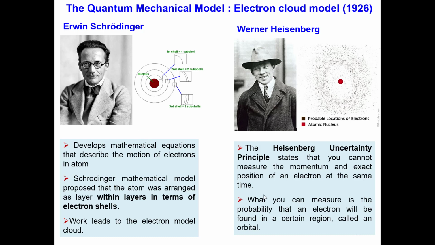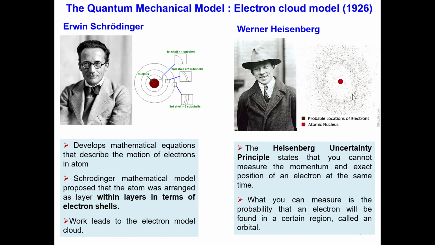According to his mathematical model, it is not possible to measure the momentum, meaning the velocity, and the position of the electron at the same time. Remember, momentum is mass times velocity. What we can measure is just the probability that the electron will be found in a certain region, and he called that region the orbit.